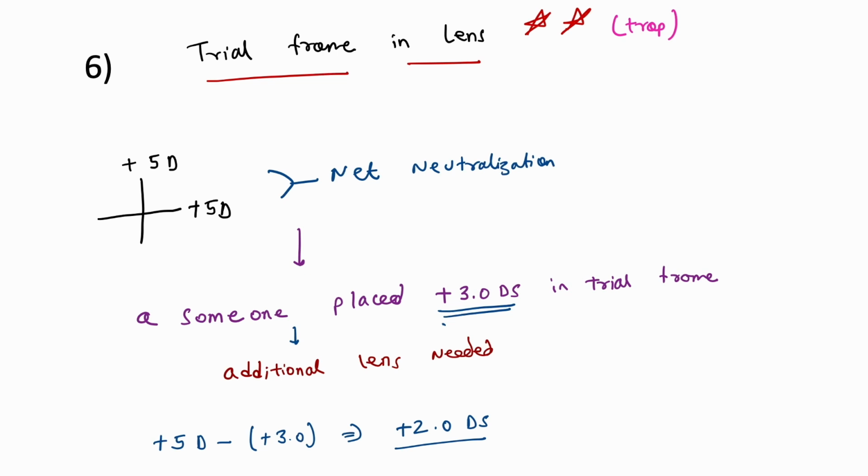Just subtract this 3 value from 5 diopter. So it is 5 diopter in vertical and horizontal minus this 3 diopter, so our net power comes out to be +2 diopter. So this question having +5, if we subtract 3 from it, it was +2 in both the vertical and horizontal meridian.